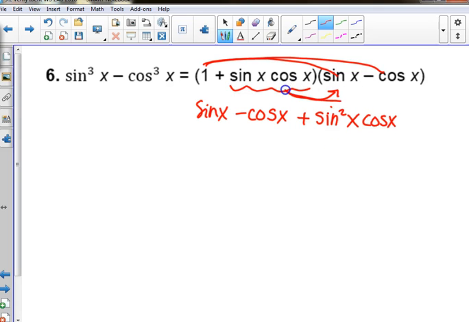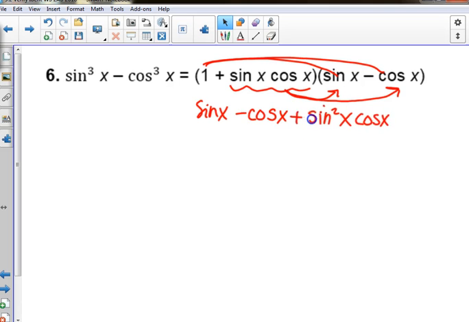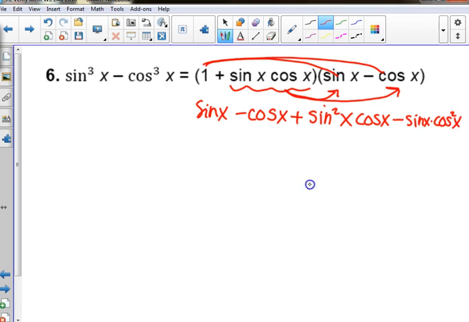And back here, the last term times the last term, this one times this one would be a minus, and it would have a sine and a cosine squared, right? Okay. That's a beautiful thing. Any ideas?